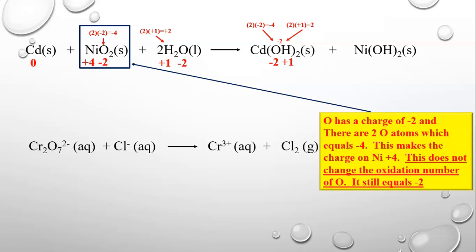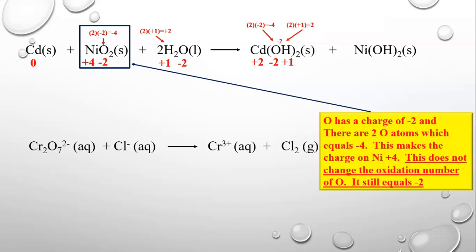And then the cadmium is going to be a +2. Since the hydroxide total was a -2, then the cadmium is a +2. So again, let's review this concept. The -2 that you computed for the hydroxide, because there's 2 of them, you use that to assign the oxidation number to cadmium. Hydroxide, 2 of them was a -2, so cadmium has to be a +2.